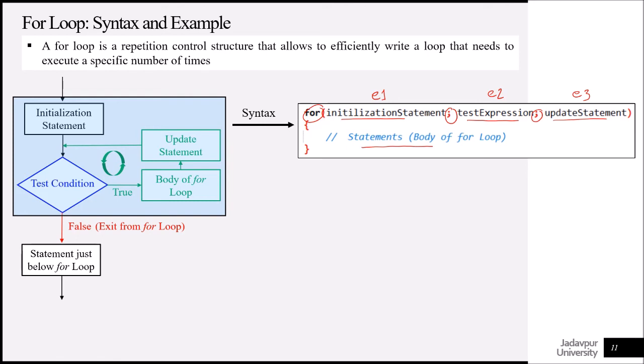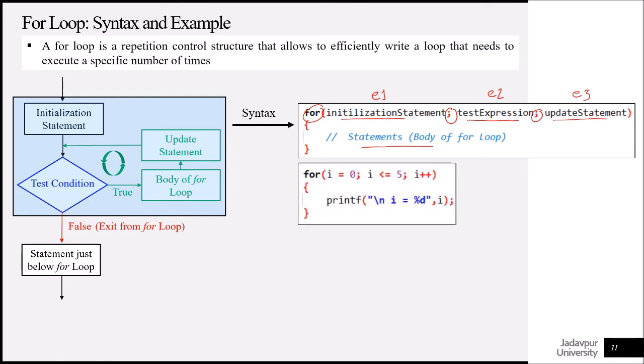Let's have a look at an example here. So here we have the keyword for, then the parenthesis. Within the parenthesis, you have the initialization statement i equal to 0. After the semicolon, this is the test expression i less than or equal to 5.